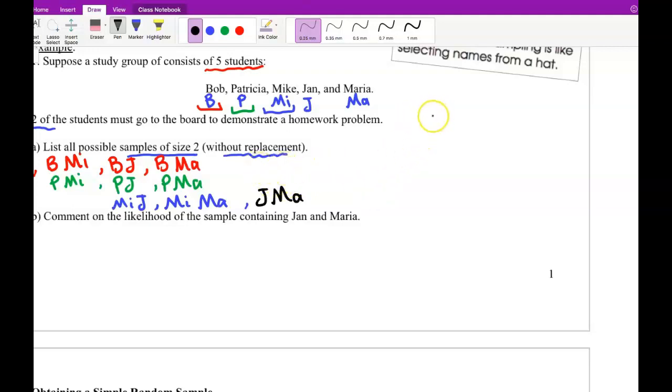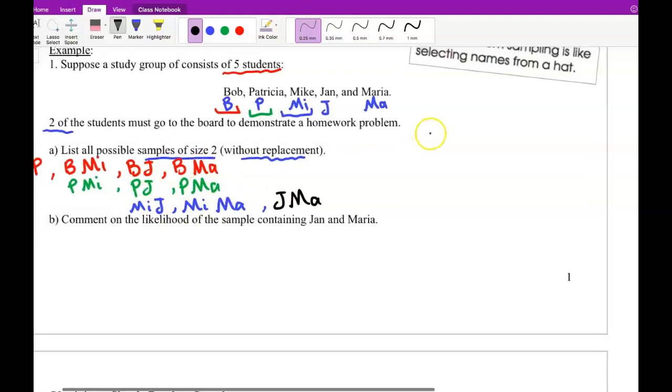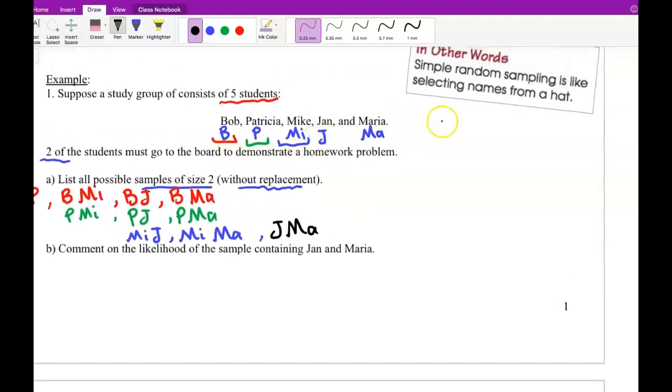And another method of listing these, to better see what's going on here: I started here from the left side, Bob, and listing the rest of these students here on the side, P, MI, J, MA. For the first part, I'm using the same color so you can see which one is for which.